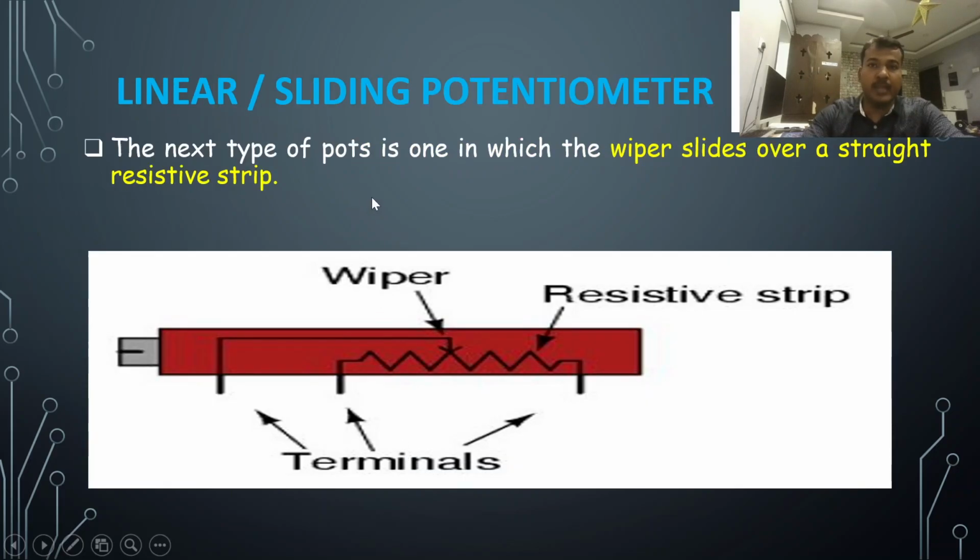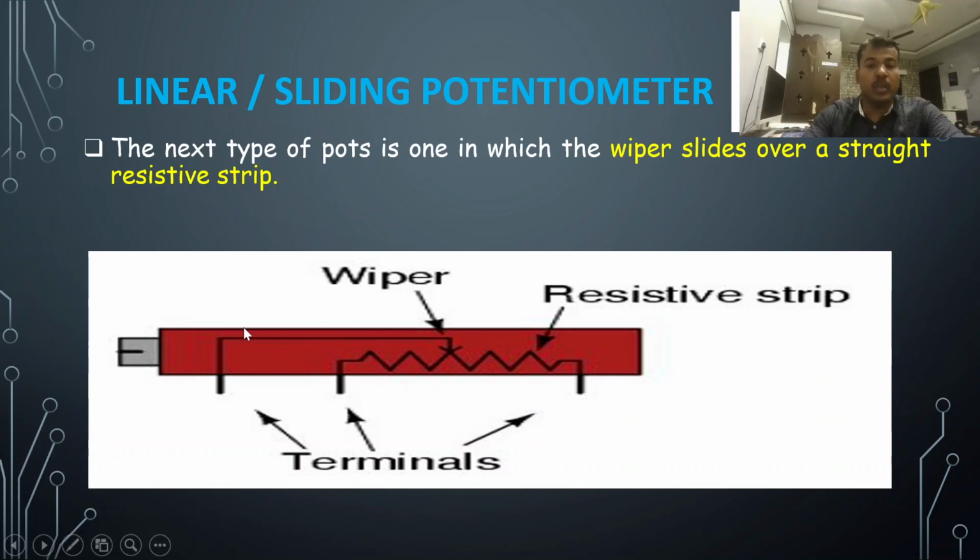Basically there are two types of potentiometer. One is the linear or sliding potentiometer. From this diagram you can see that there is a resistive strip and a movable wiper setup.